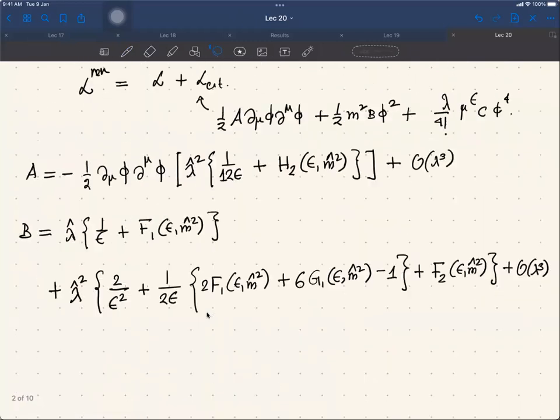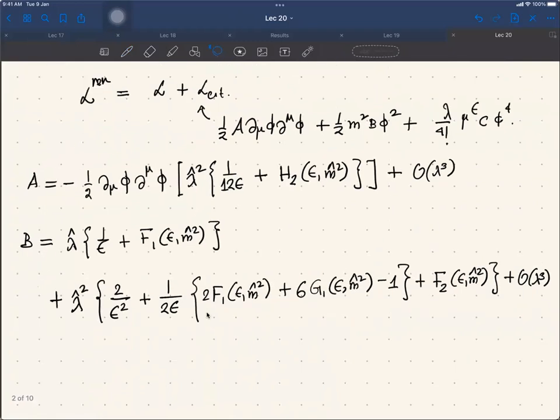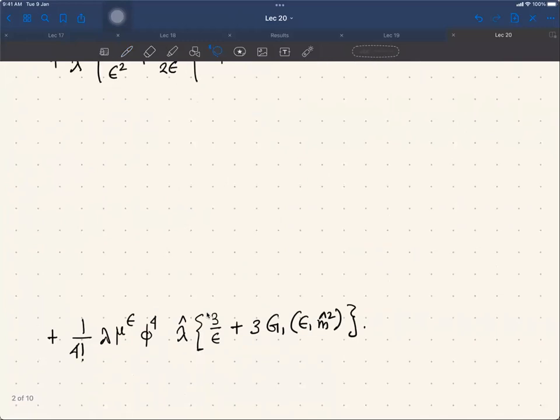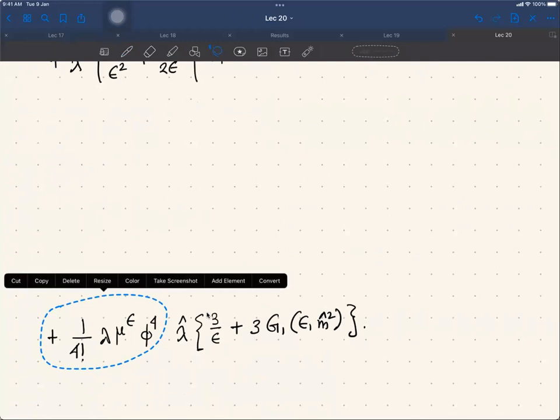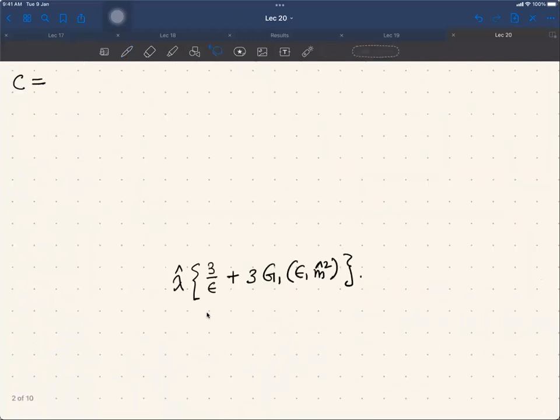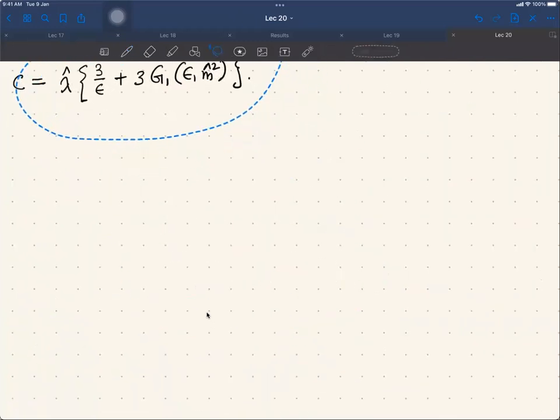Then we have 1/4 lambda by factorial 4 mu to the power epsilon times c times phi to the power 4. So c is given by this expression.